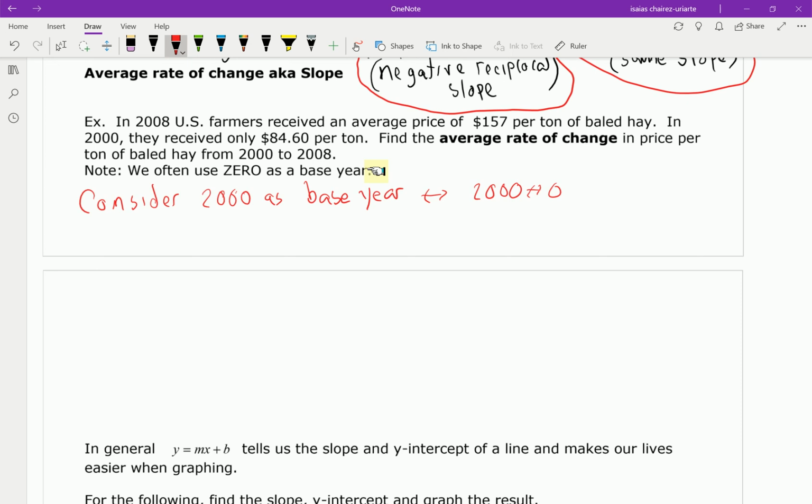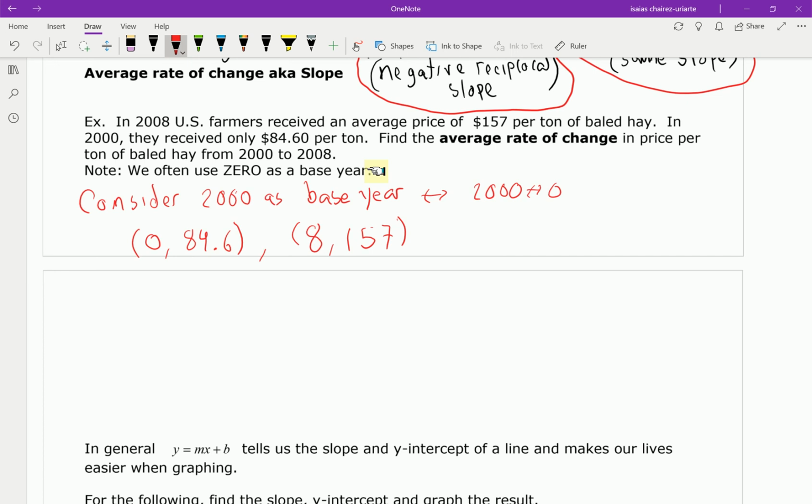Okay, so then I have 2 points. I have the point 0, 84.60. And then I have the other year, 2008, and the price was 157. Well, instead of writing 2008, I'm just going to say 8, 157. And now it comes down to figuring out the slope between these 2 points.